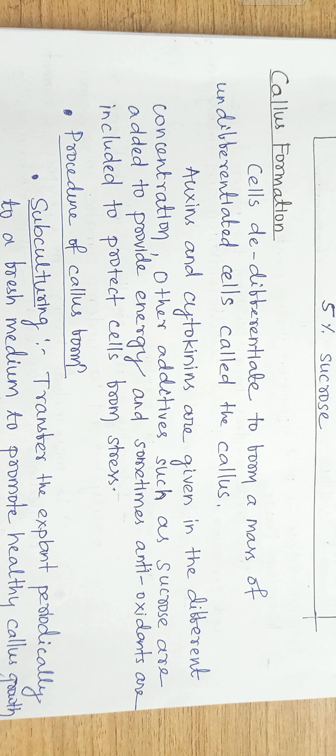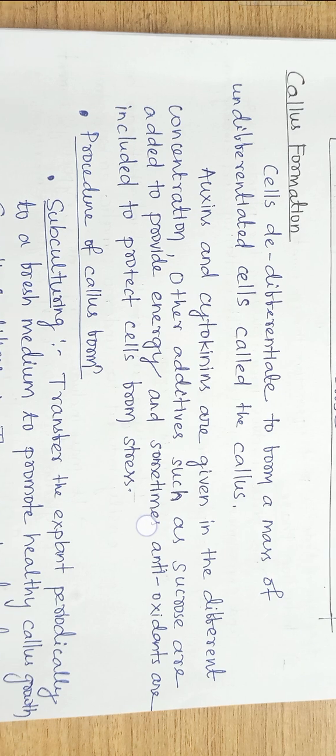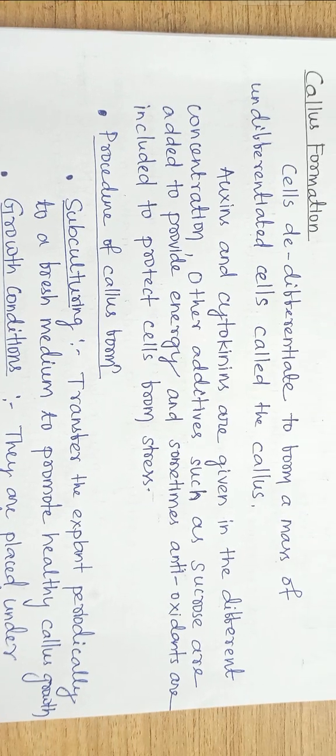So re-differentiation is a cell going towards specificity, and de-differentiation means a cell becomes a general, totipotent cell. So the cell de-differentiates, losing its specific function, to form a mass of undifferentiated cells called the callus.